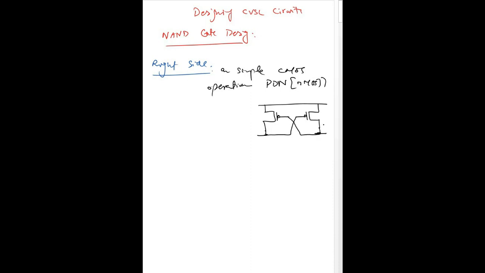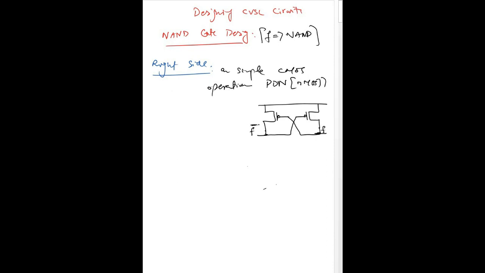So this represents our F, and this represents our F bar. So one is our F and the other one represents the inverted output. We are designing a NAND gate here. It means if we consider F is our NAND, then this will be our F and this will be our F bar.